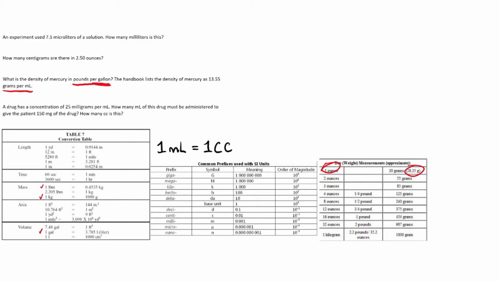So we start off with 13.55 grams per milliliter. The trick to this is, when you're doing a conversion of the numerator and the denominator units, making sure that your conversion units are opposite of each other to cancel them out. We want to go from grams to kilograms.